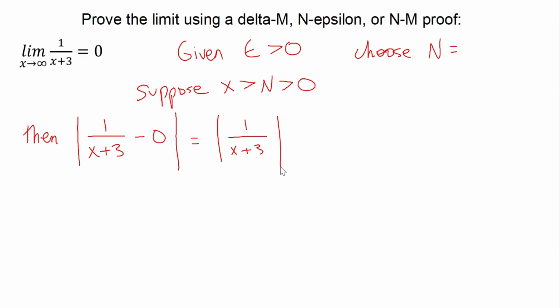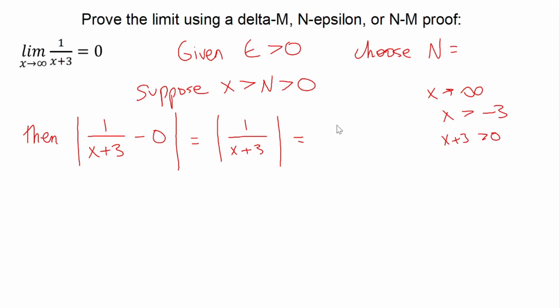Right? And as long as x is greater than negative 3, then our function here, the 1 over x plus 3, is always positive. Right? And if we're approaching infinity, then x is going to be greater than negative 3. So if we'll say as x approaches infinity, x is certainly greater than negative 3, which means that x plus 3 is greater than 0.